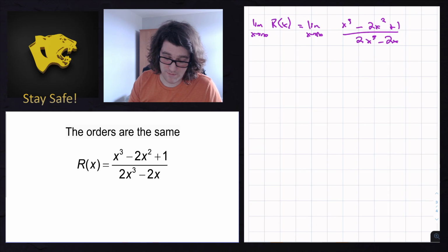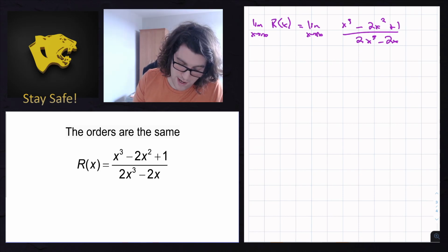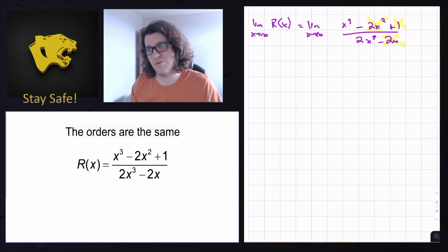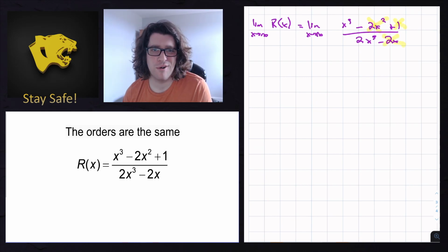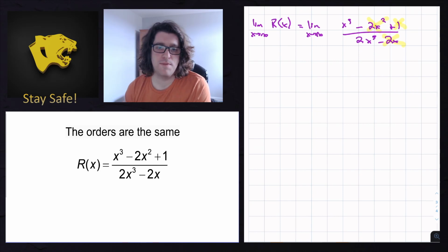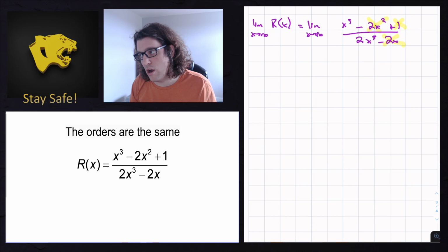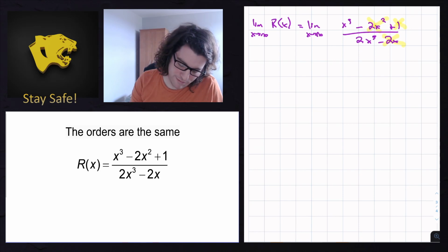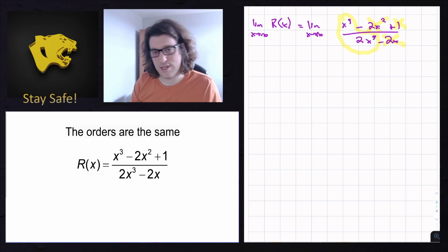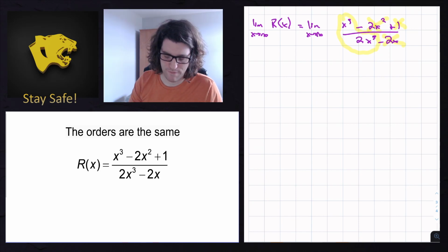That's all you do. Because every single time, all of the lower order or lower power terms are going to become irrelevant as you approach infinitely large values. So they're gone. The only thing that's left is something basically divided by itself with some coefficients involved.